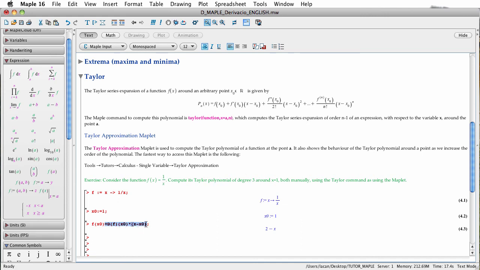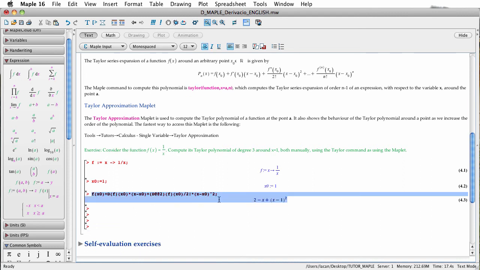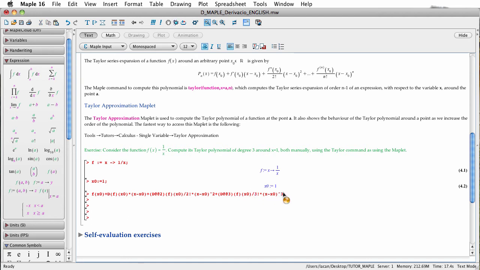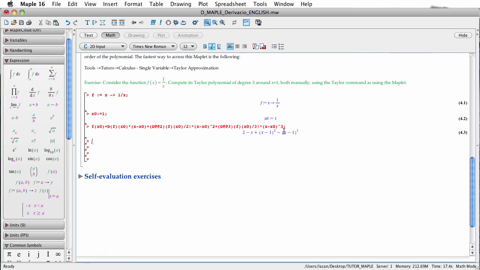If we compute the parabola, we have to add the second order derivative divided by 2 factorial times x minus x0 squared. This would be the parabola, and we are asked to compute the third order Taylor polynomial, so we add an extra term, third order derivative divided by 3 factorial times x minus x0 to the power 3. Okay, now we can simplify this expression.